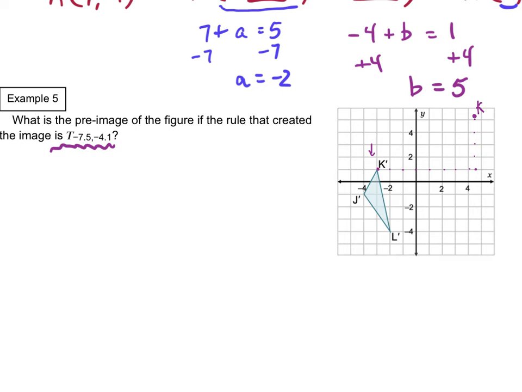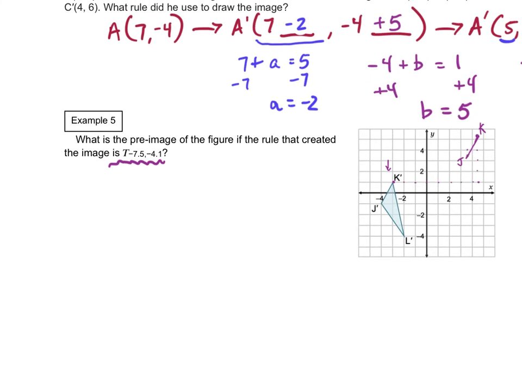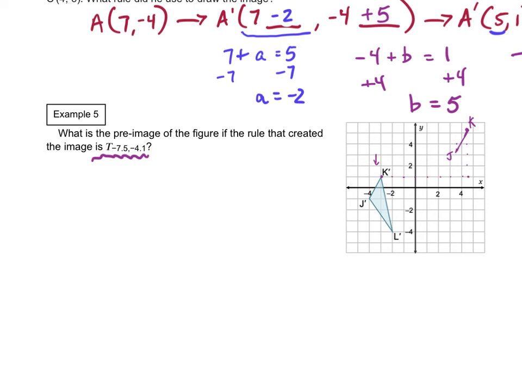And then I could count everything out and fill those in. Let's see, where is the rest of them going to be? Something like that right there. And this would be L prime.